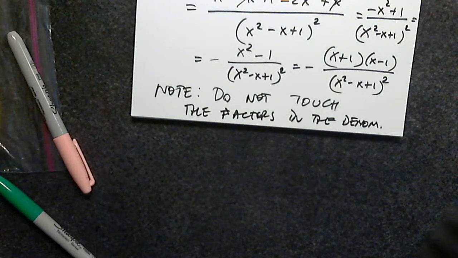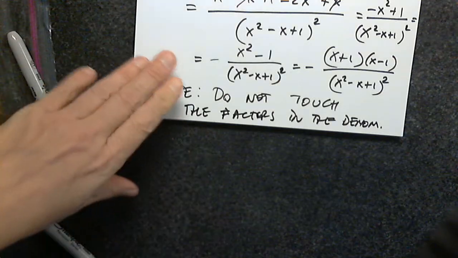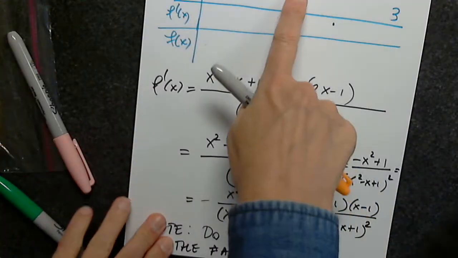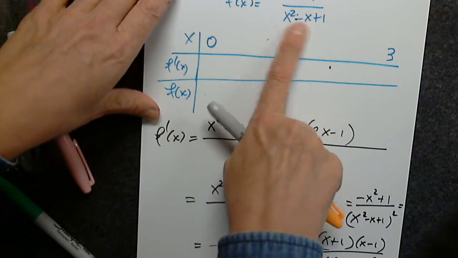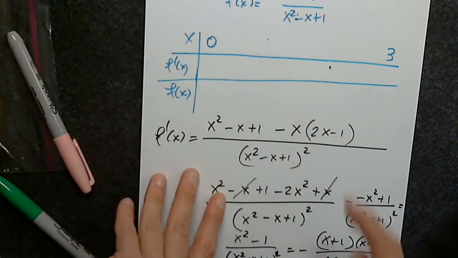Okay, so this is our derivative. Is this ever undefined? You can say maybe, but so will be the function. When this is 0, which will never happen, x squared minus x plus 1 is never 0.